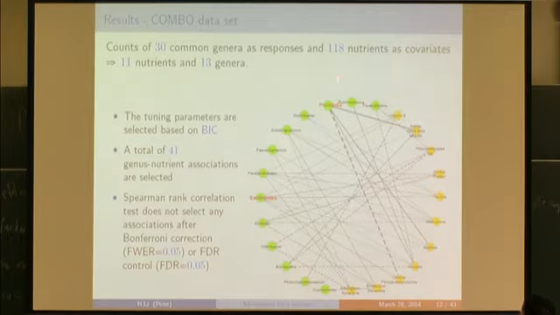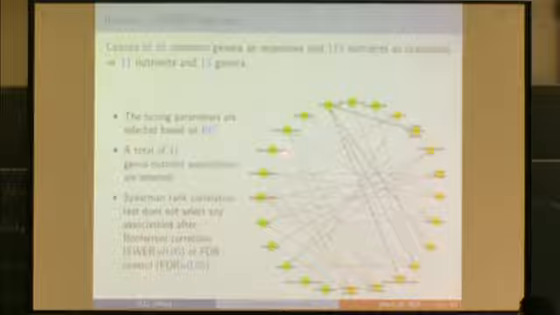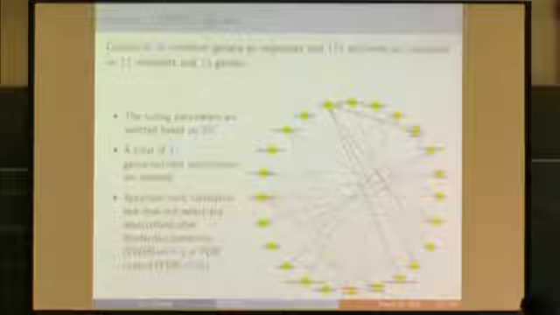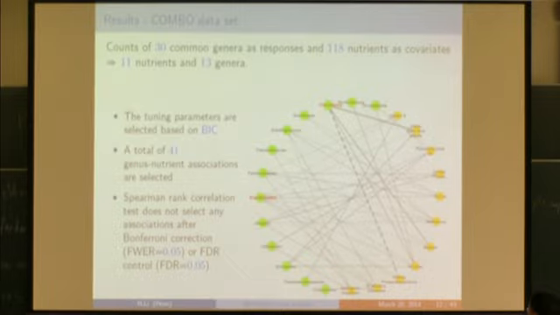So we look at 119. Eventually, the model I described selects 11 micronutrients and 13 genera to show some type of association. Those are the 13 bacteria genera, and those are the 11 micronutrients.